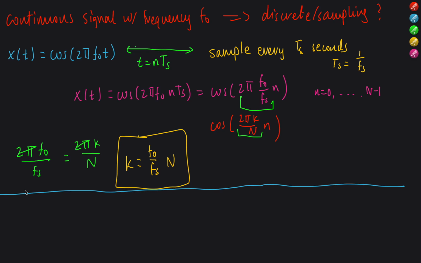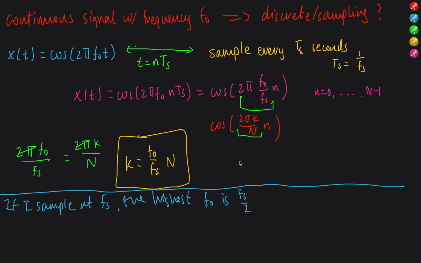If I sample at fs, so if I fix my sampling frequency to be fs, that means I'm going to push the button a certain number of times per second, and I'm going to call that fs. The maximum continuous time frequency you can get is fs over 2.